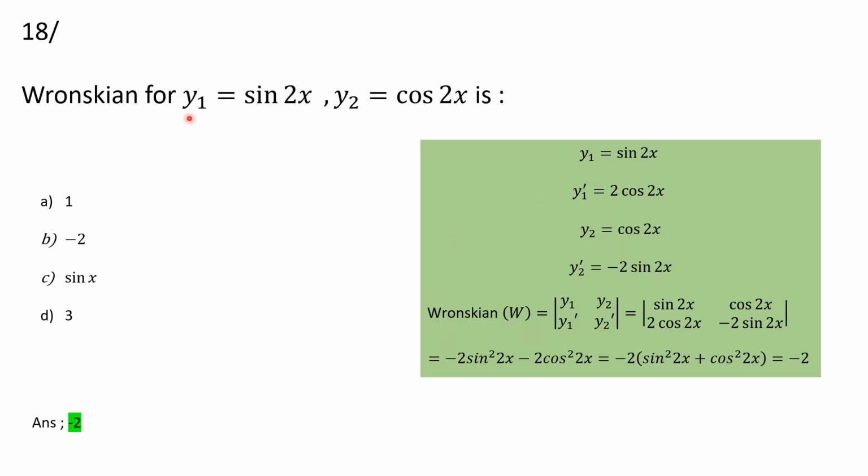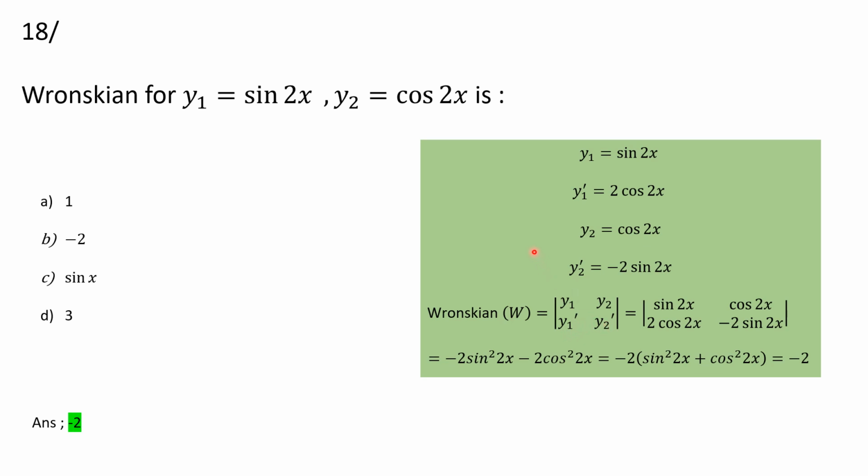Then, the Wronskian for y1 is equal to sine 2x and y2 is equal to cos 2x. We have to know the formula for the Wronskian. So the Wronskian we can find as W is equal to the determinant of y1, y2, y1 dash, y2 dash.